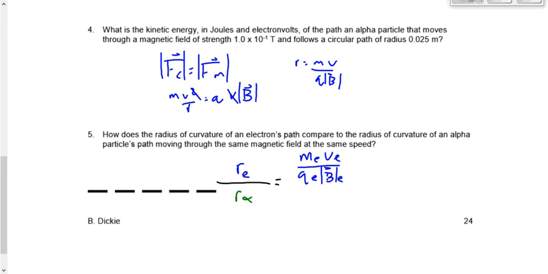Does that make sense? MV over QB for the electron. I know a couple of those numbers, but not all. That's okay. You'll see in a minute. Divided by, well, we're going to say M alpha V alpha over Q alpha times B alpha. Good?